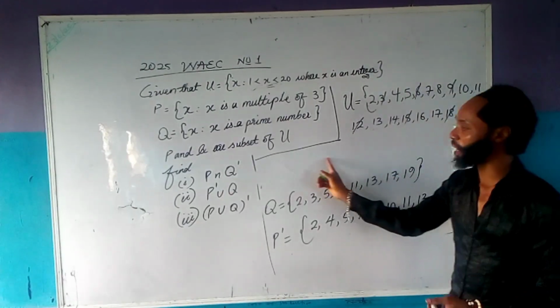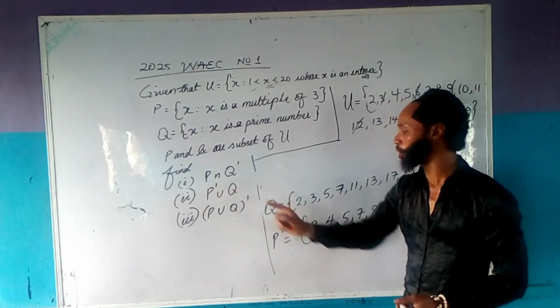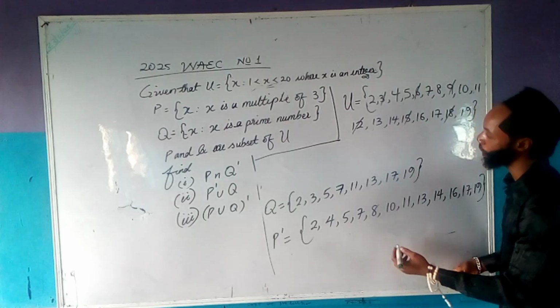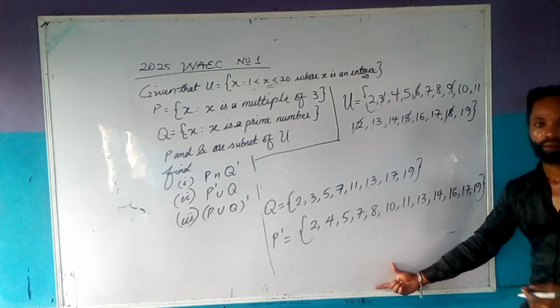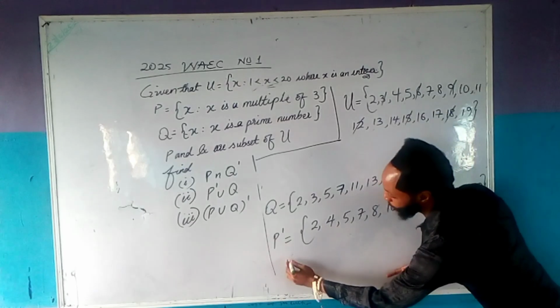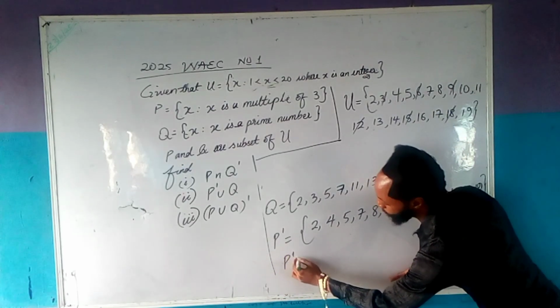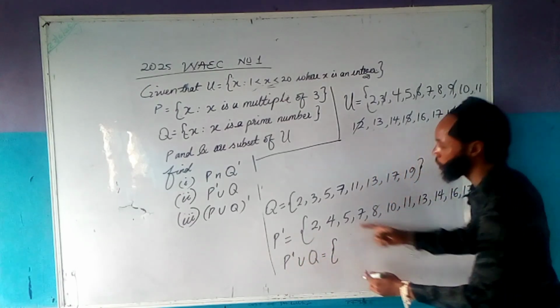Alright, so I just cleaned our P out because we need both P complement and Q. So we have our P complement and we have our Q. Those are the two things we need, so we can enter our answer. P complement union Q means we're taking everybody here and here.